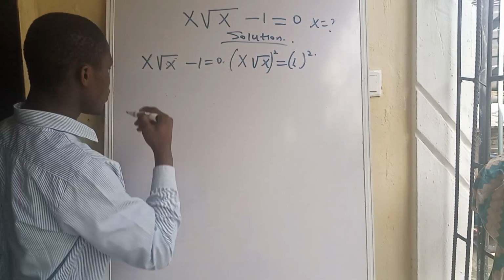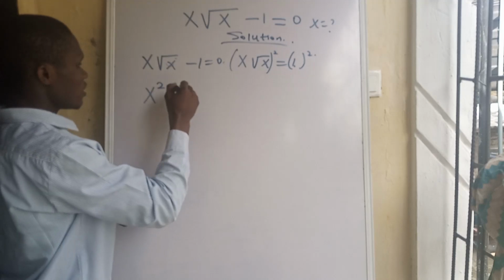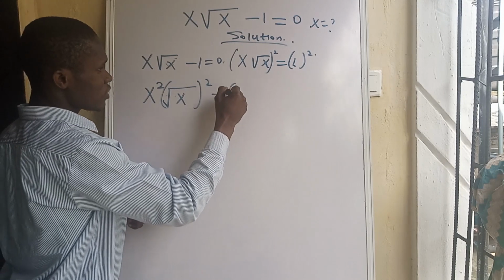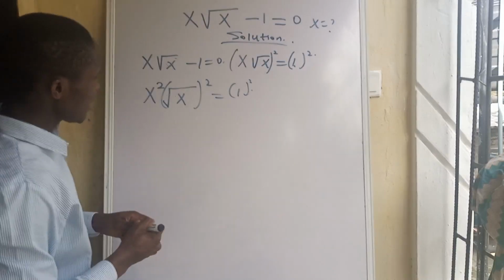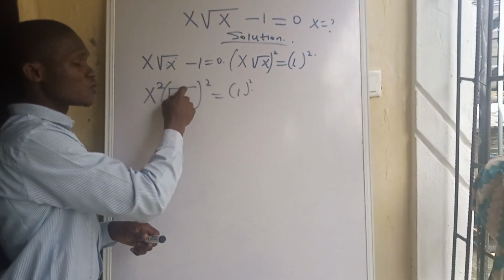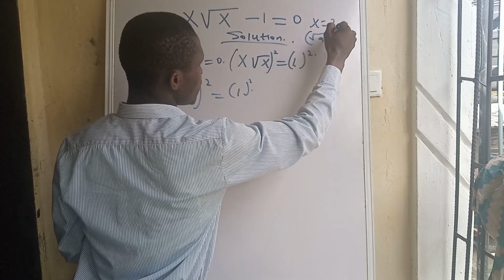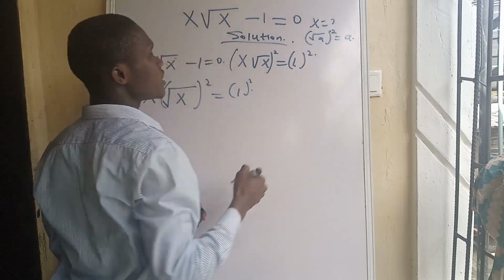If we square both sides, we are going to have x times root of x, all squared, equals 1 squared. And remember from simple mathematics, the root of a to the power of 2 is equal to a.